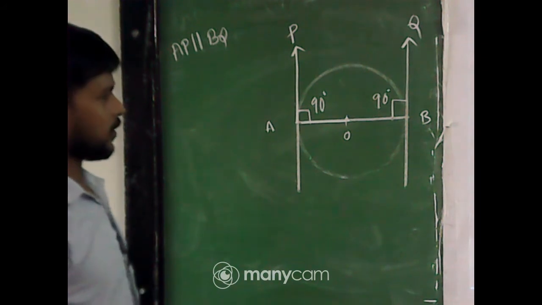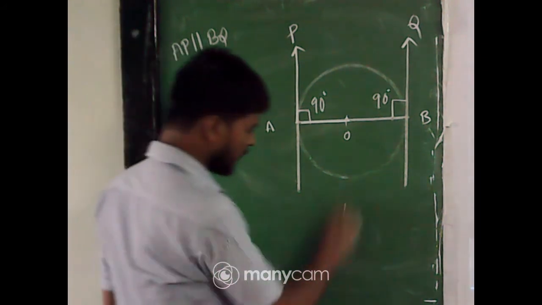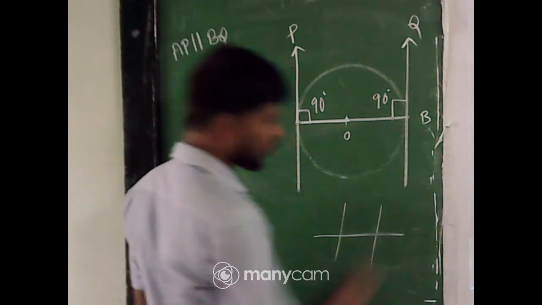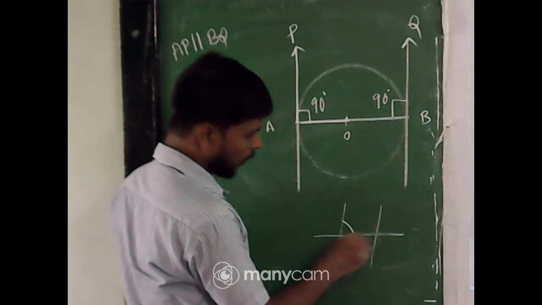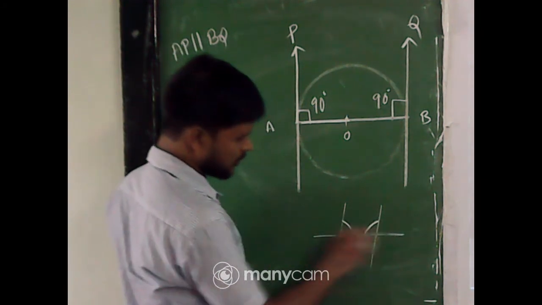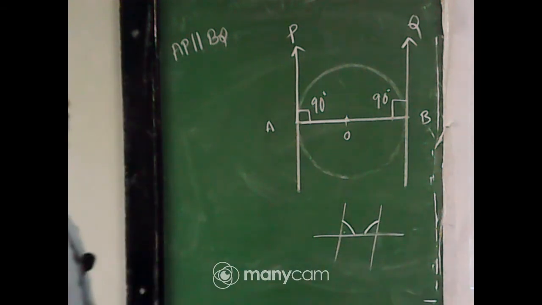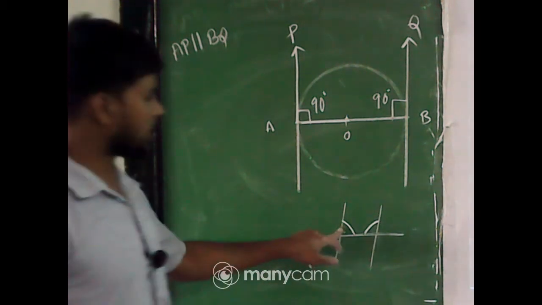Now, suppose there are two lines and there is one transversal. Can you tell me what type of angles these two are, this angle and this angle?